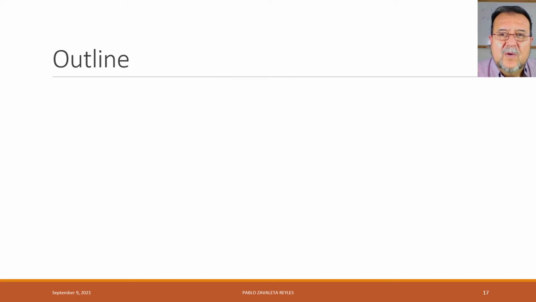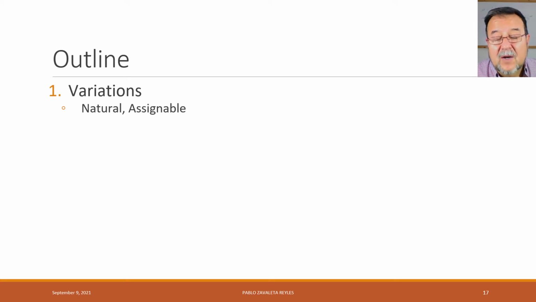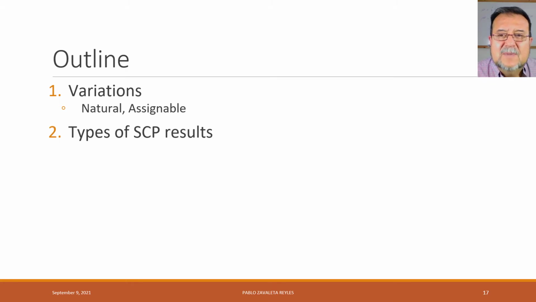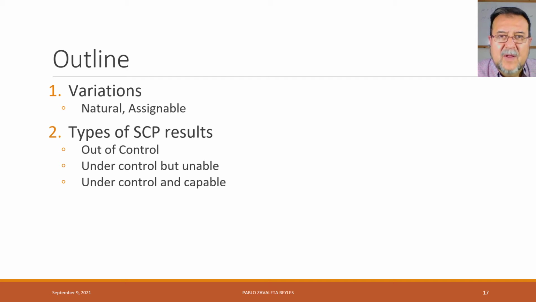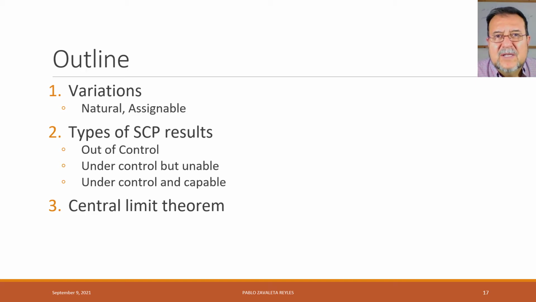Let's check out very quickly what we have seen. First, variations are of two types, natural and assignable. Then we have 3 types of statistical control process results: out of control, under control but unable, and under control and capable. Then we saw the central limit theorem, which states that as long as the population is large enough, the behavior will conform to a normal curve.